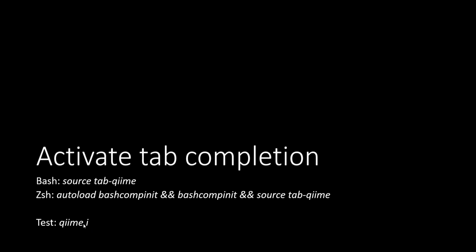It should autocomplete and spell out info. If it does that, then you've successfully activated tab completion, which will help a lot in the future when you've got to type in very long file names. You'll just press tab and it'll do that for you.